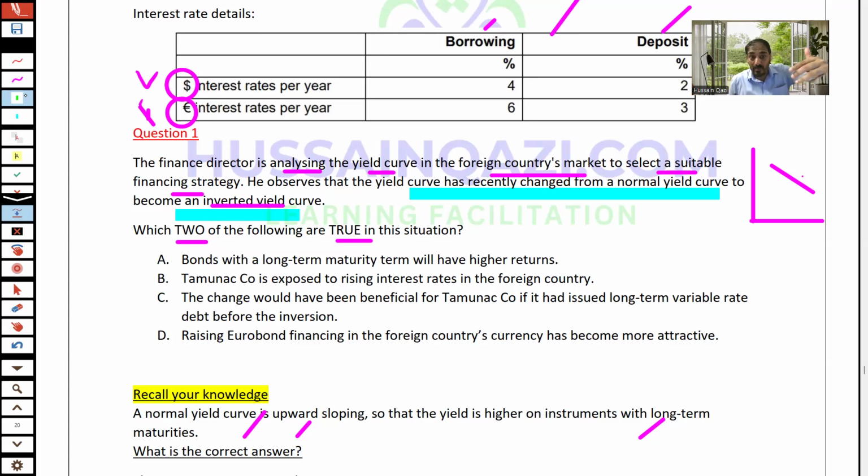This is not true, because if you wanted to get higher returns on investment, by the way, this case is not about returns; it's about borrowings. If you wanted to get higher returns, you need to invest where the yield curve is an increasing trend. For a decreasing trend, this statement is not true. So I must say this statement is not true.